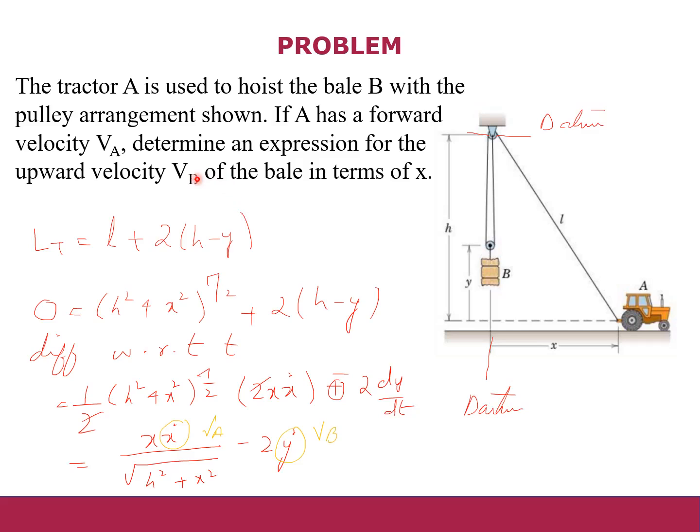So in order to make the expression for VA and VB, you can replace it and write VB equals half of x VA divided by h square plus x square, right? So this is your answer.